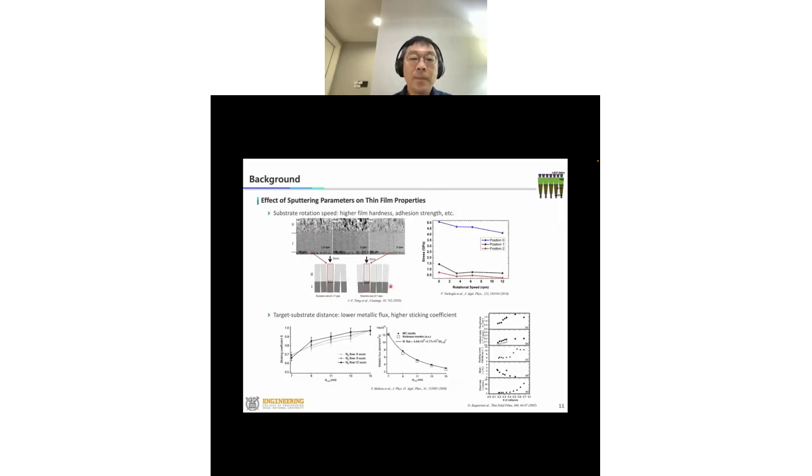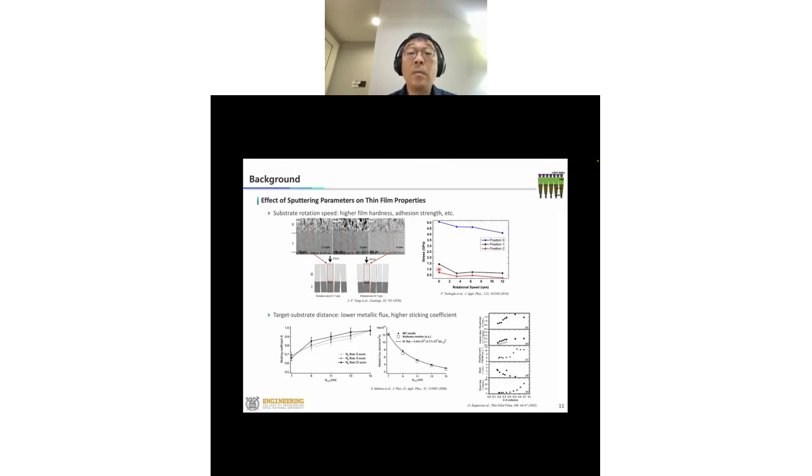There are some previous references, not exactly the same material, but we found some references. Usually the rotational speed changes the film hardness, and especially the stresses in the film, because when you rotate, the deposition angle changes, and we can go faster or slower. It changes the directionality of the film growth.